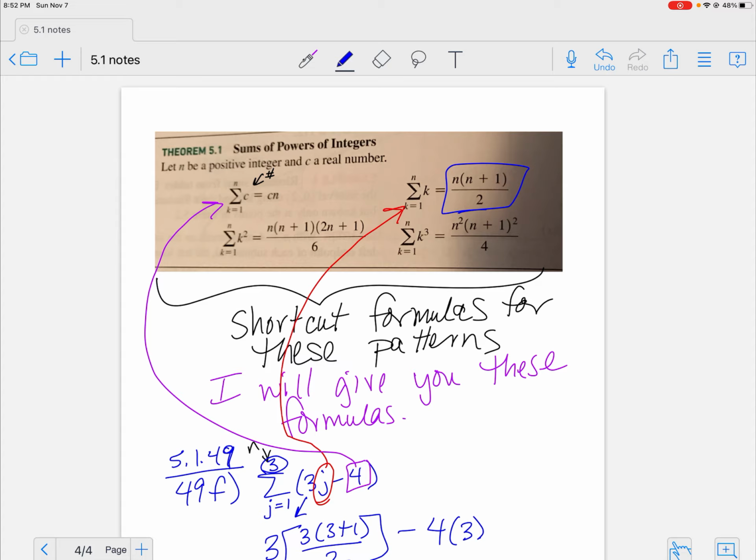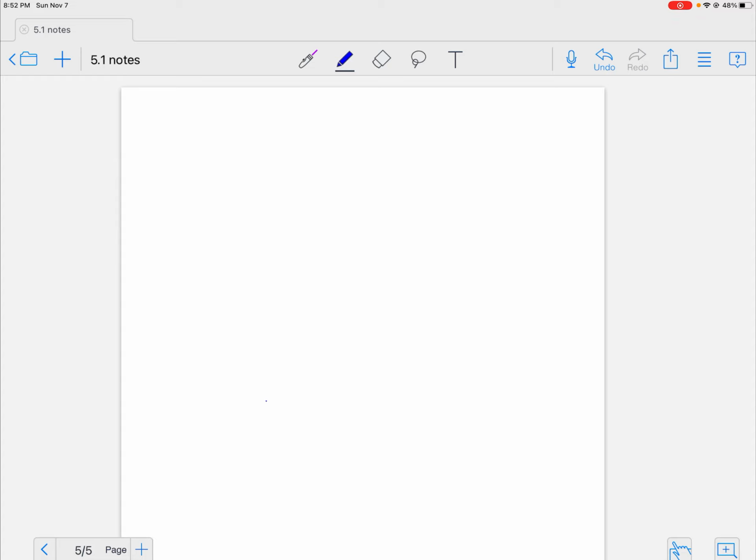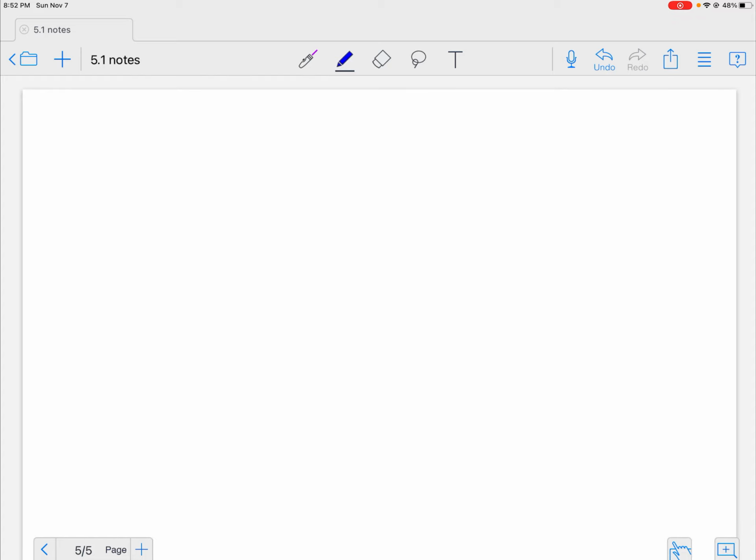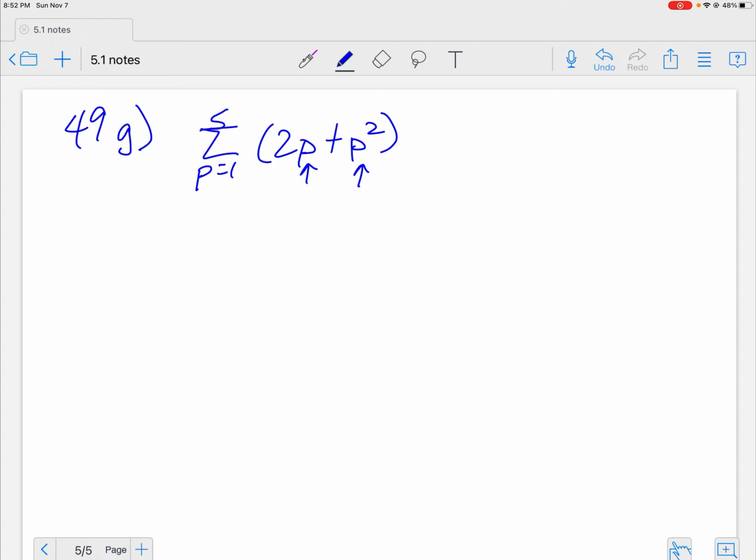Okay, let's do one more here real quick. The same thing, 49. We're just going to do G. It is, I've got P equals 1 to 5 of 2P plus P squared. Now I'm not going to flip back and forth between the pages. I've got just a regular P variable and I've got a squared.